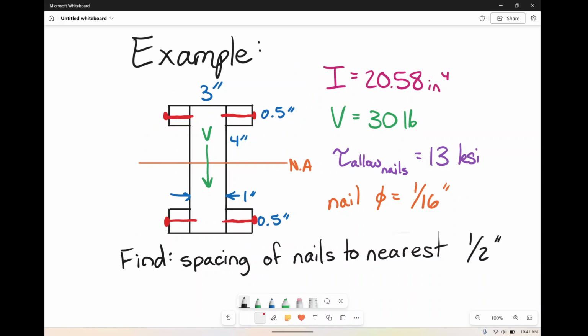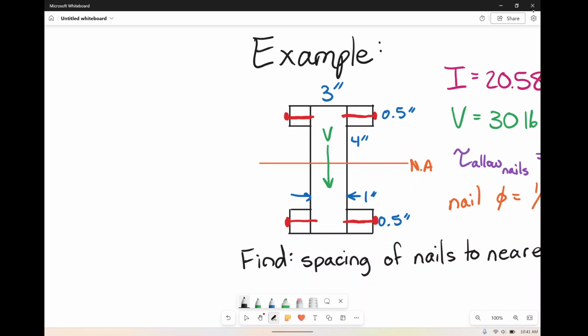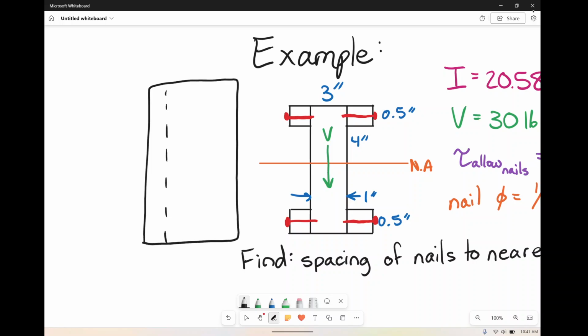Now, the spacing of them, we are going to be talking down the axis of this member. So from the top, this looks kind of like this. From the top you can see the total size. Well, actually, it's going to be visible lines.